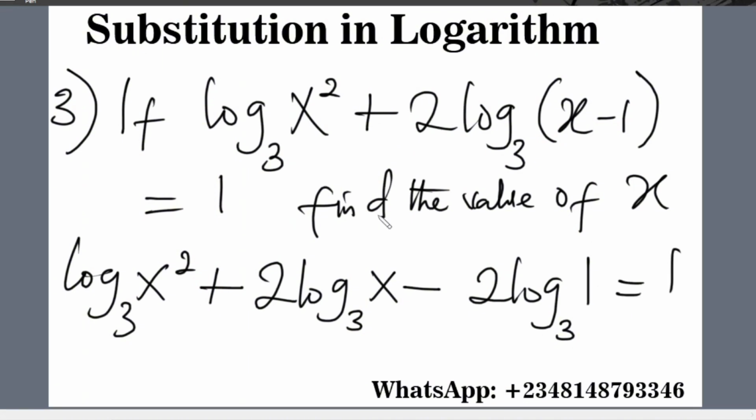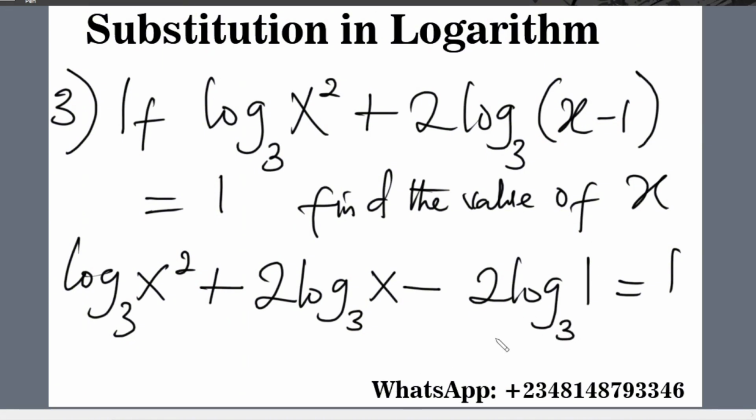Why do we have this? We have 2 log to base 3 multiplied by x and then minus 2 log to base 3 multiplied by 1. That's why we have 2 log x to base 3 minus 2 log 1 to base 3.